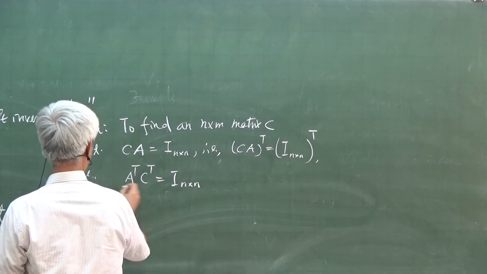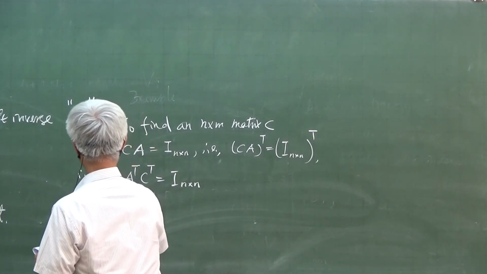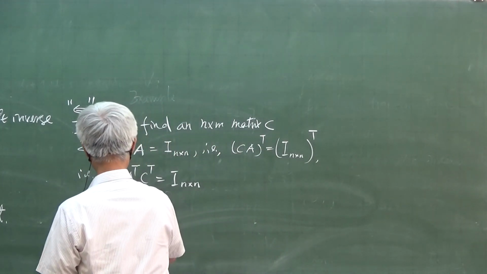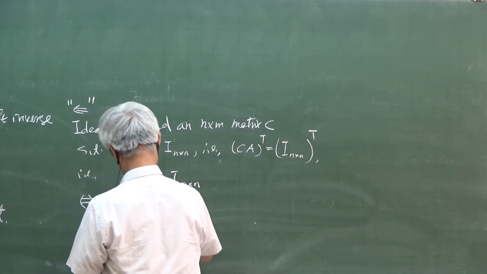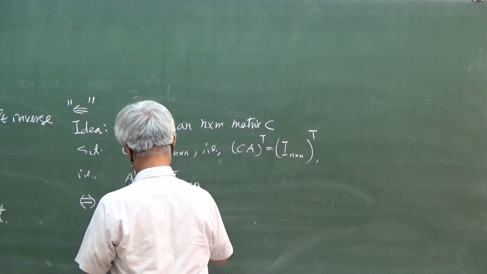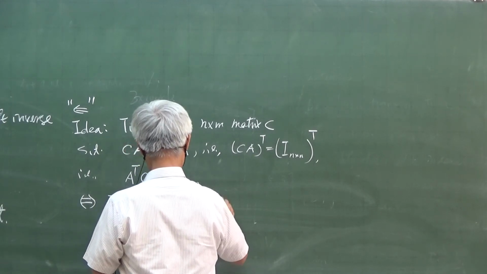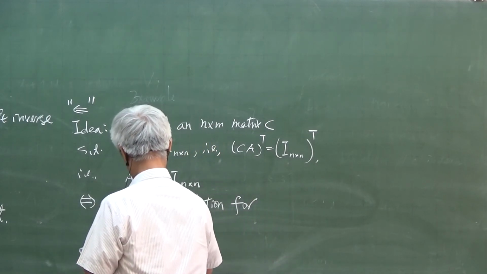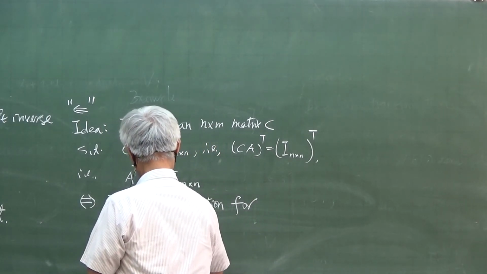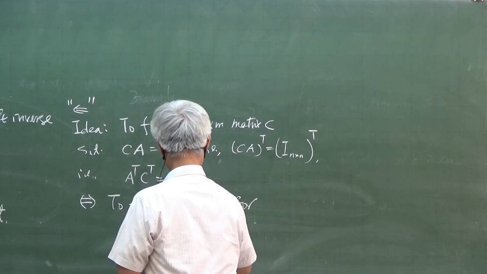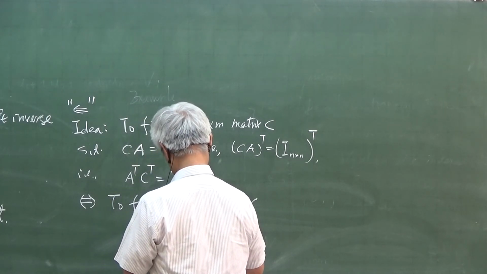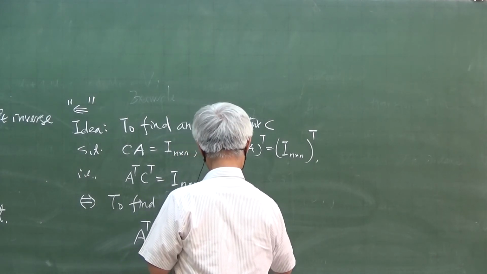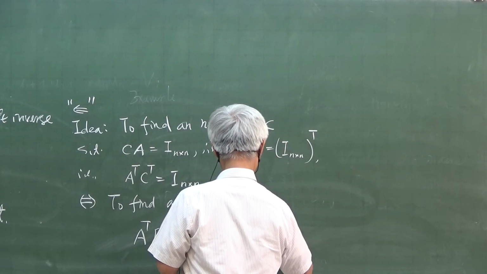So to find a left inverse, we want to find a solution for A transpose times the matrix with columns x1, x2, up to xn equal to the matrix with columns e1, e2, up to en.